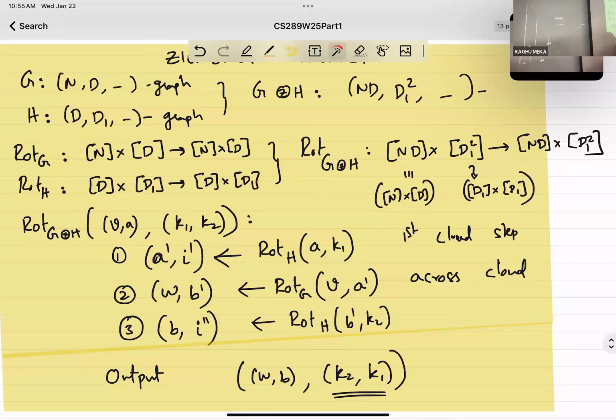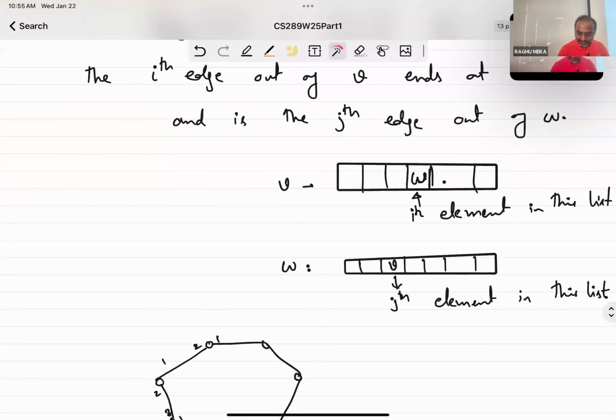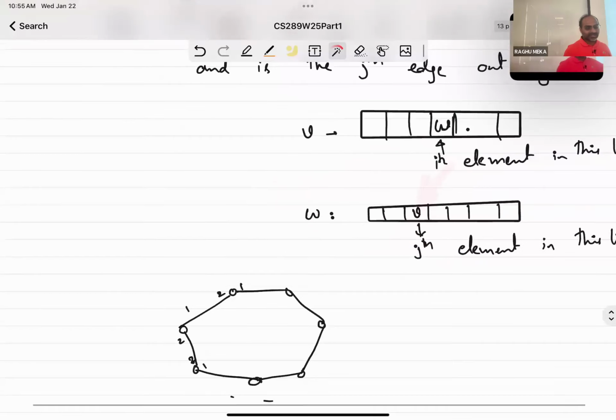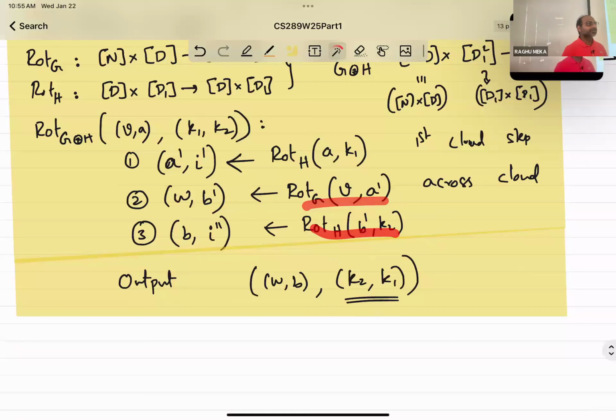And A is the I primeth edge out of A prime. We are not going to use this for now. It's basically like saying I took the second neighbor out of A and ended up here, but when I end up here, A should also be listed somewhere here. What is that number? That's going to be I prime. We are not using it, at least in this construction, but later on in other steps we do use it.